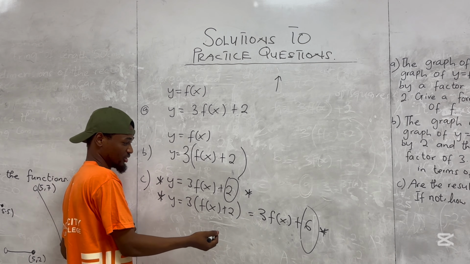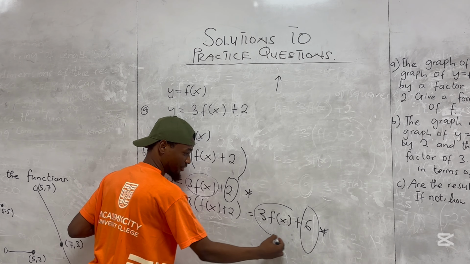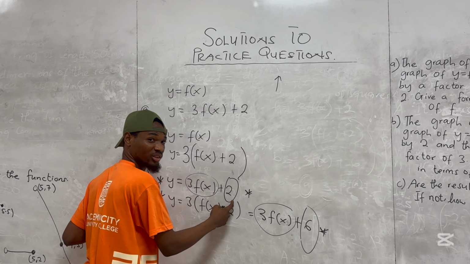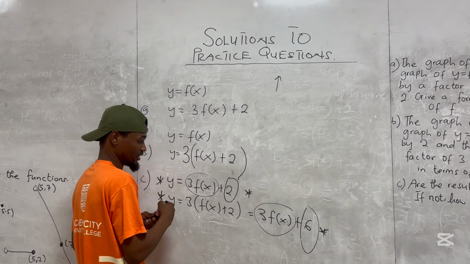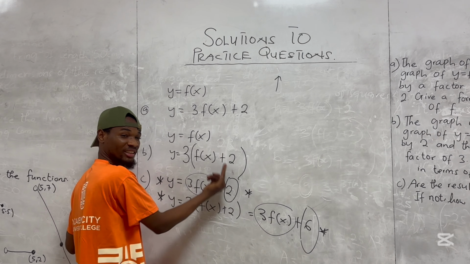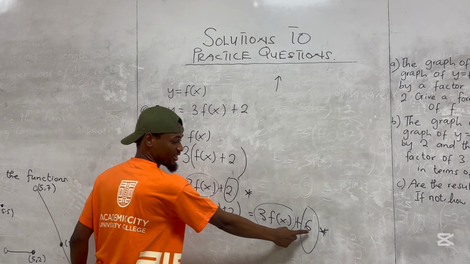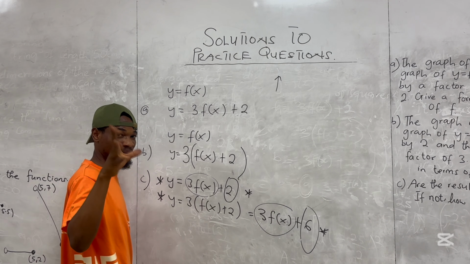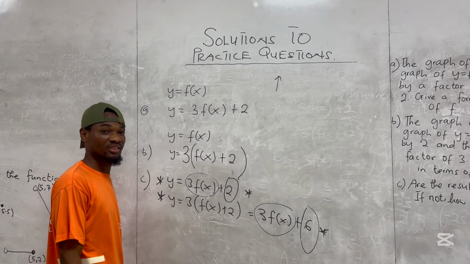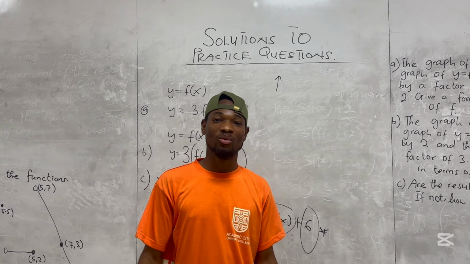Okay, so you can see we have 3f of x here, 3f of x here, you have 6 and you have 2 here. So this one is just this, shifted vertically upwards by 4 units. So it's like 6 minus 2, you have 4. So you just picture it that way. So that's it. So let's consider the second question.